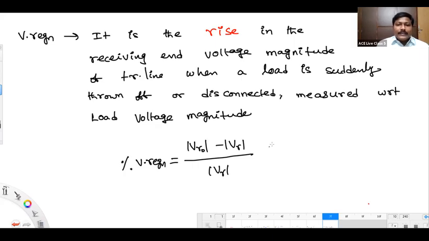If you want it in percentage, you should multiply by 100%. So voltage regulation, the rise in the receiving end voltage magnitude when the load is suddenly thrown off, is mod VR0 minus mod VR by mod VR into 100%. Yeah, done.